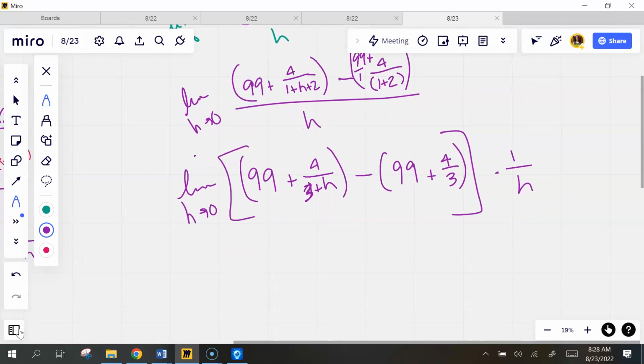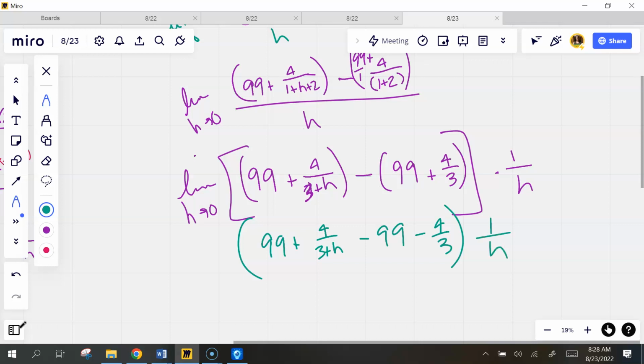All right, let's start canceling. Because I'm adding and subtracting here, I could really drop these parentheses, right? I could say 99 plus 4/3 plus h minus 99 minus 4/3, all times 1/h. You don't have to show that step, but I just want you to see why the 99s cancel.